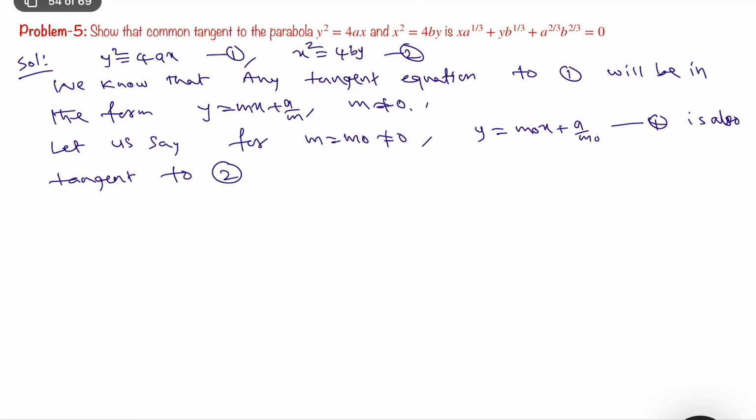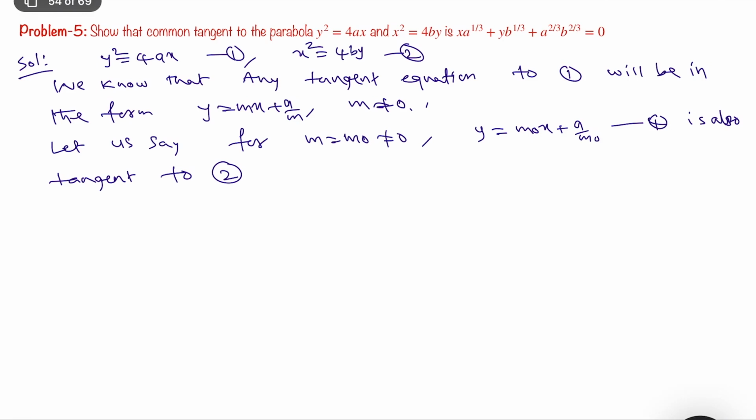The way equation 4 looks, it's pretty clear that 4 is tangent to parabola 1, but we have chosen m naught so that this line is also tangent to parabola 2.